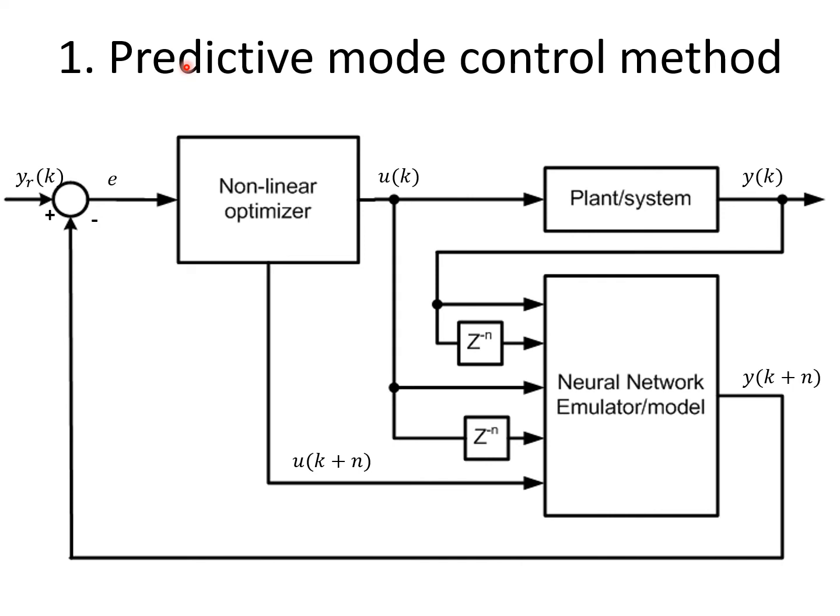So if you use the predictive control method, it's basically using the neural network model part, the forward model, using the past inputs and past outputs to get the YK plus n, the predicted Y's, and it goes through the non-linear optimizer, and so you can implement it in the MPC method, and so on.